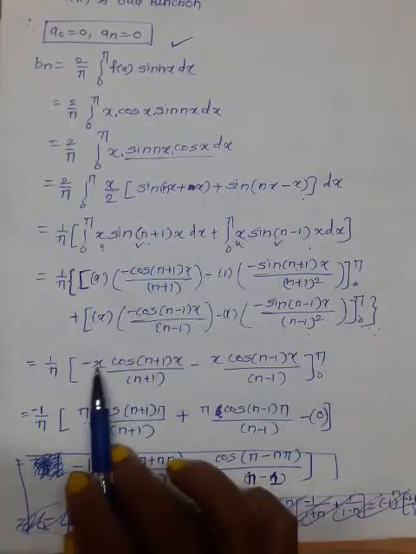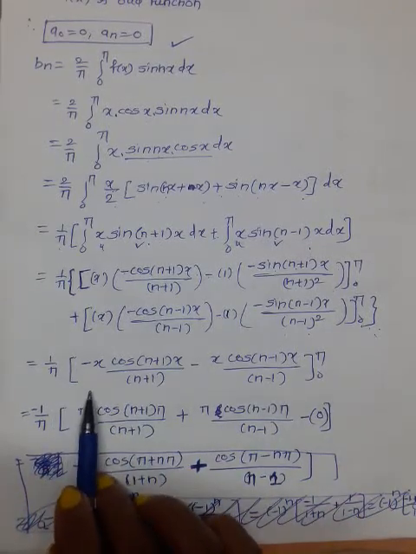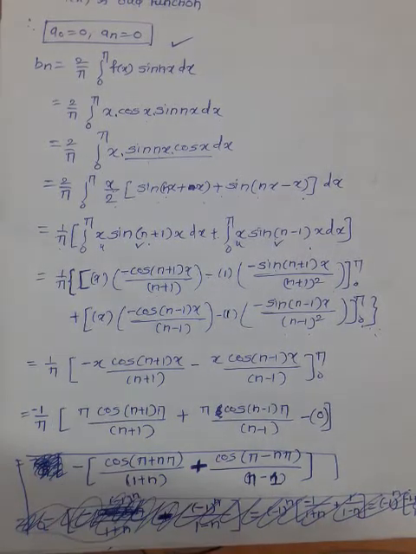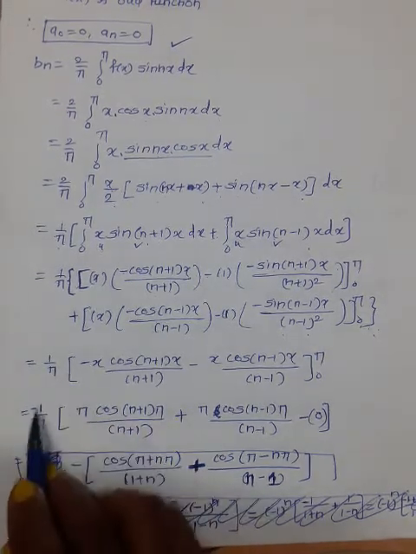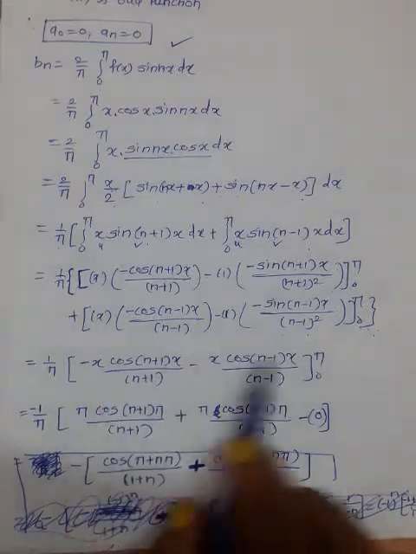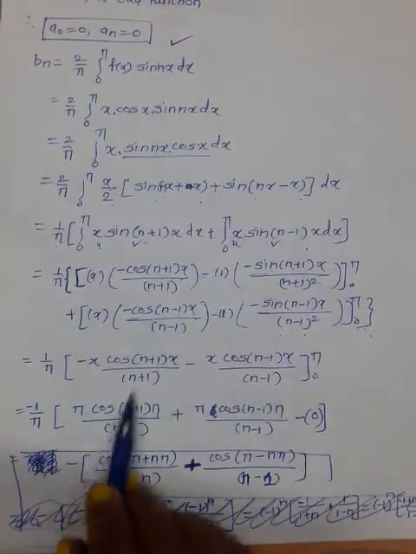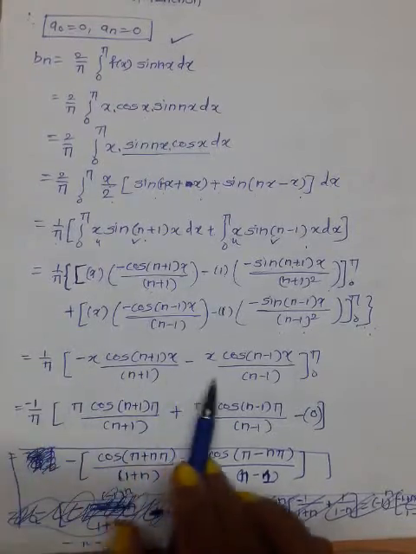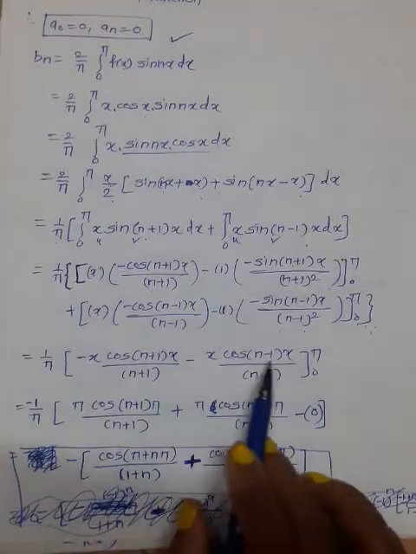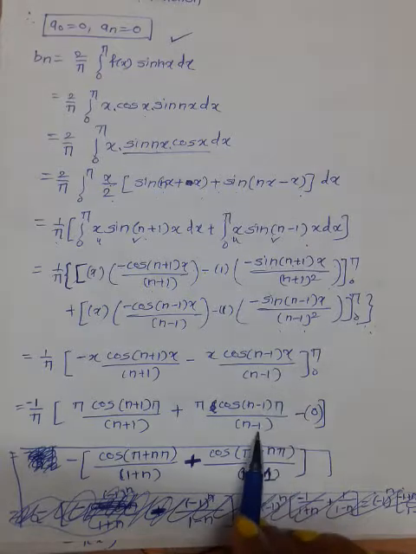Put the limits first. In the next step, take this minus outside of the integration: minus 1 by pi, and put the value of the upper limit first: pi into cos of n plus 1 pi divided by n plus 1, plus pi cos of n minus 1 into pi upon n minus 1.